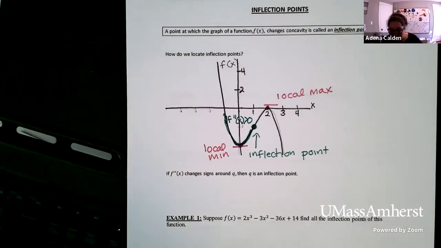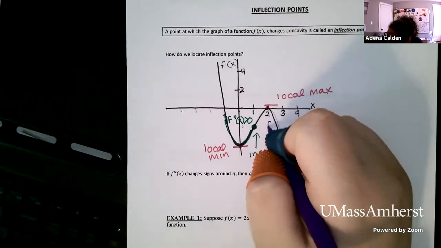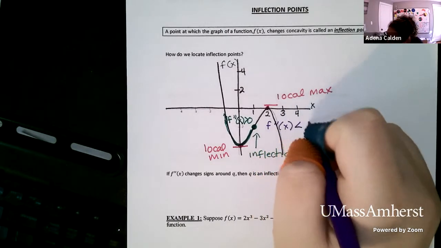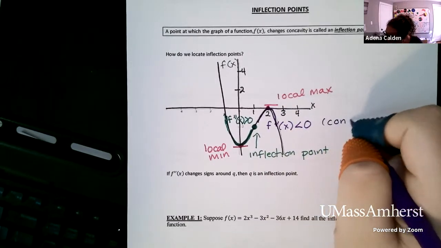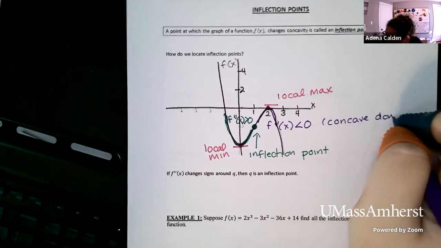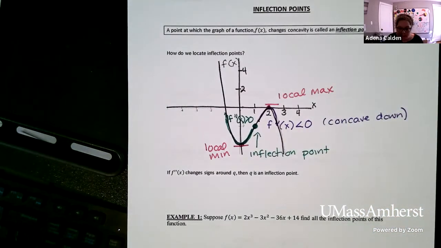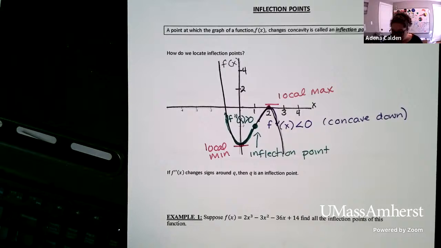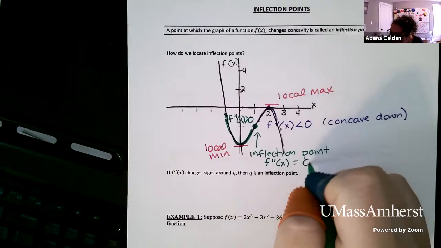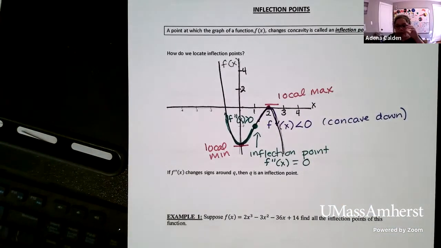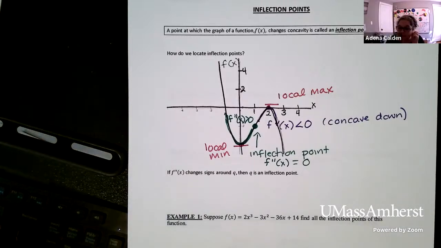And then we also know that the second derivative is going to be negative when we're concave down. So right at the point where we change from concave up to concave down, that point is where the second derivative equals 0, where it changes from positive to negative or negative to positive. So if the second derivative changes signs around a point, then that point is an inflection point.